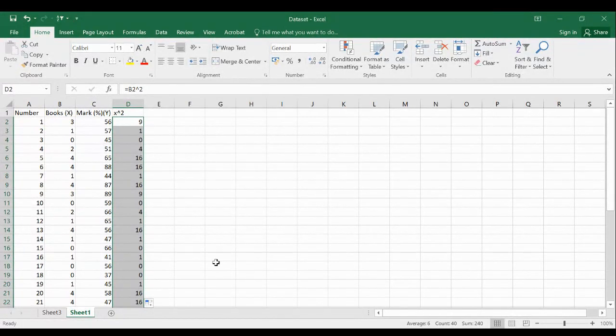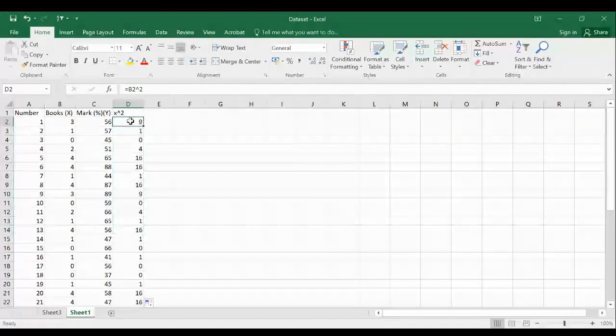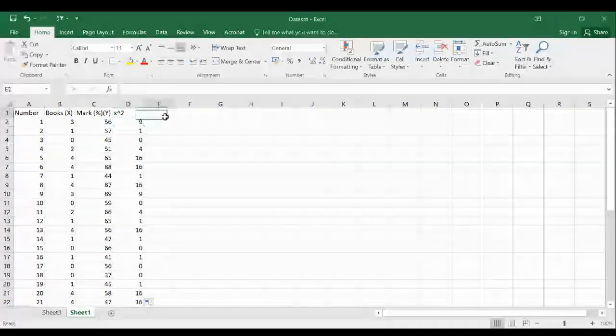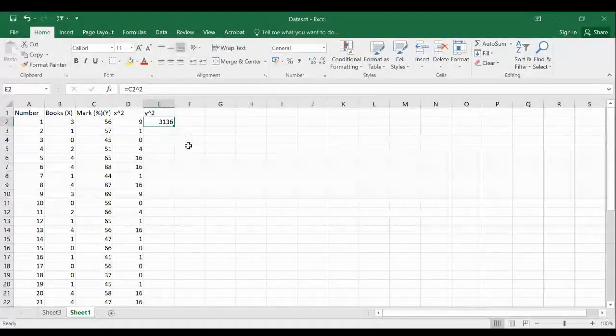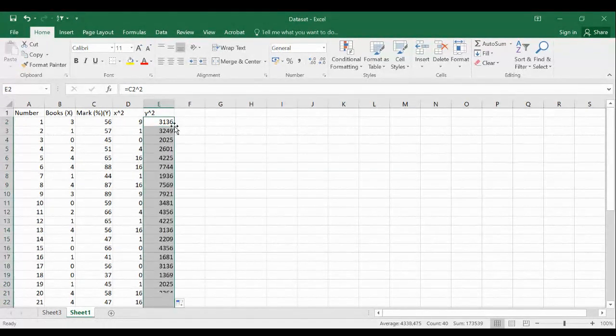So 3 squared is 9, 1 squared is 1, 0 squared is 0, 2 squared is 4. So these are the values of X squared. We can also get the values of Y squared. So we take the value of Y and square it. The first value there, 56 squared, gives us 3136.